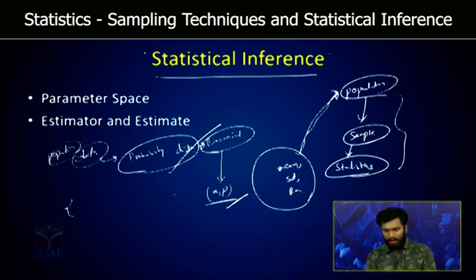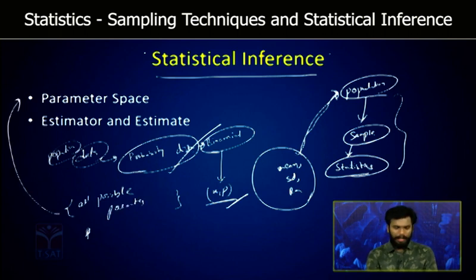The set of all possible parameters is called the parameter space. So this set consists of all the possible parameter values that a binomial distribution can take. That is nothing but the parameter space.